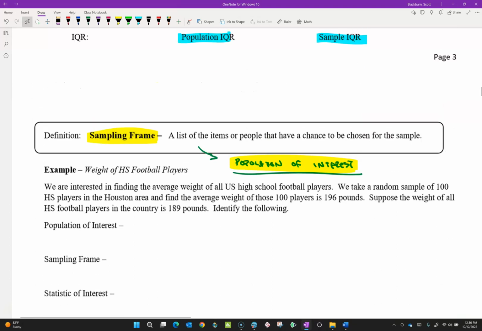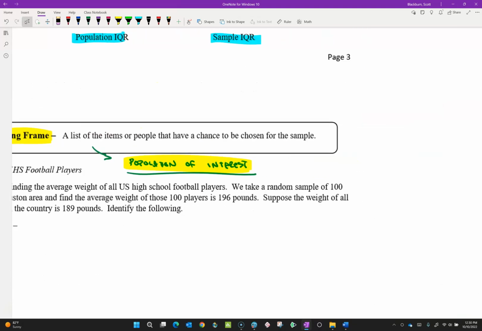Let me give you an instance. If I was taking a survey of our high school kids, let's say there are 450 kids in the upper school. I'm going to take a sample of 50 kids.